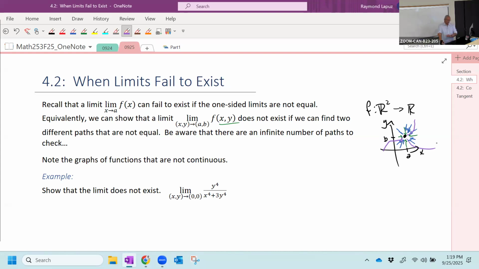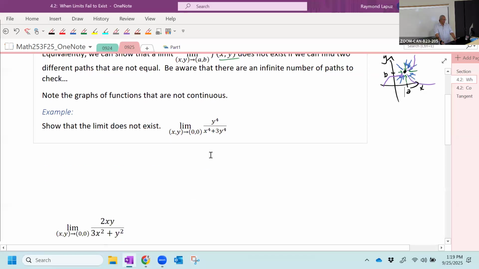All right, let's take a look at this example. A lot of times these problems that you'll get are going to be going to 0, 0, because that's just the easiest thing to do. If it's going to another point, then it usually gets a little bit more difficult, and you just shift down to 0, 0. But most of the problems that you get will be going to the origin.